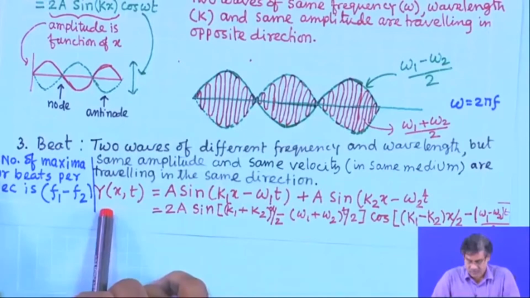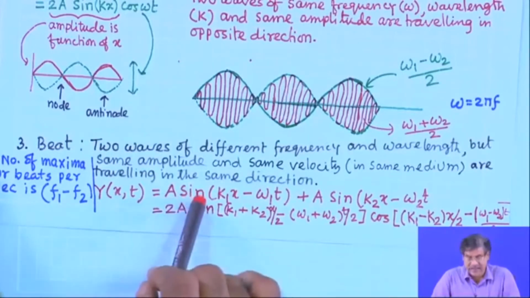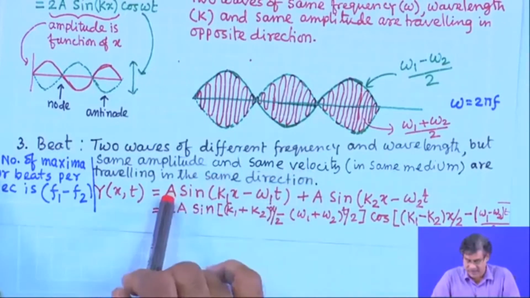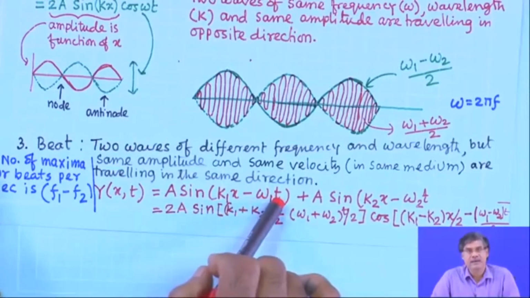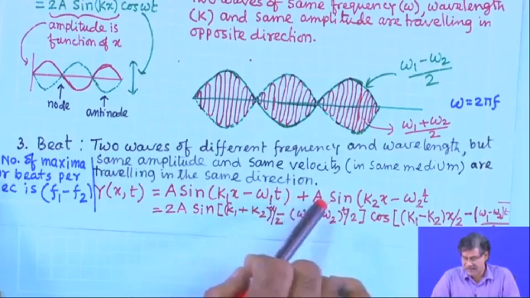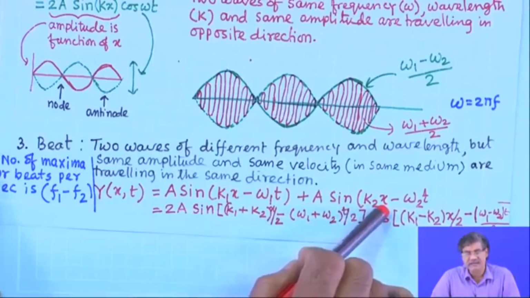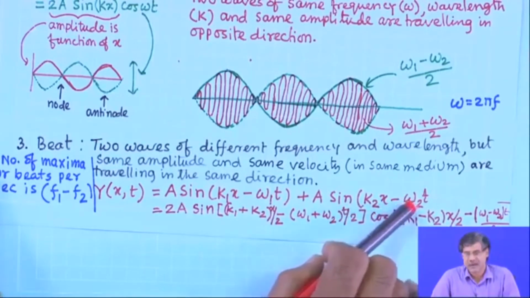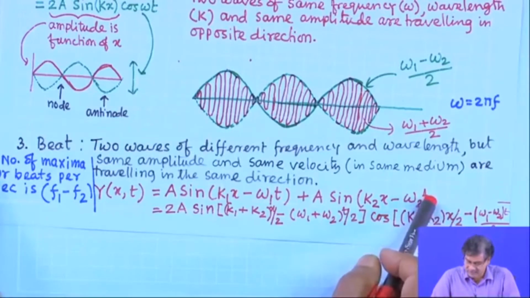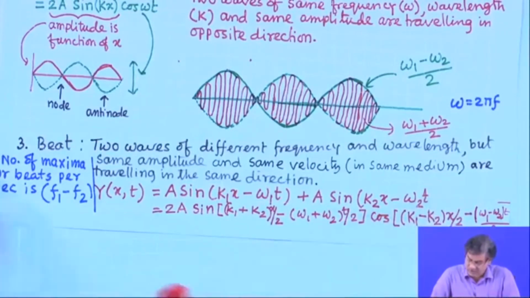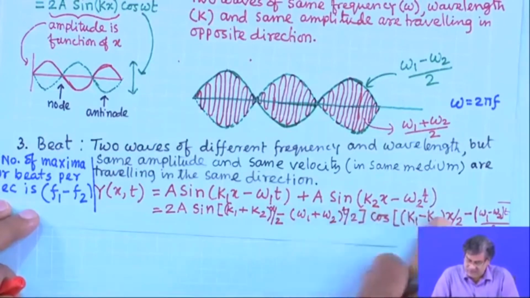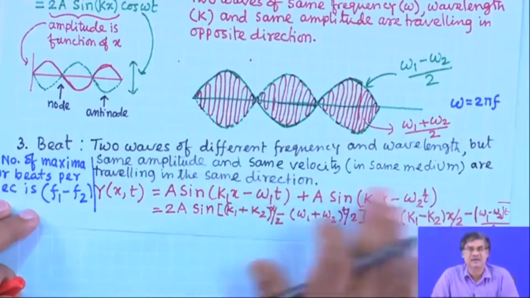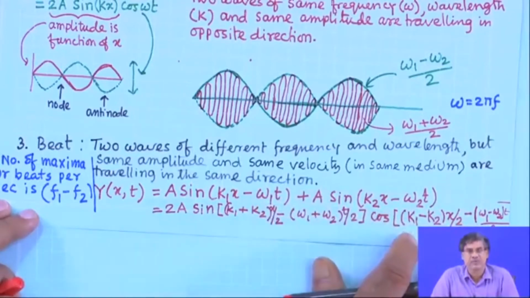y, that is, y1 plus y2, a sin(k1x minus omega1 t) plus a sin(k2x minus omega2 t). Here the initial phase part I have taken as 0.